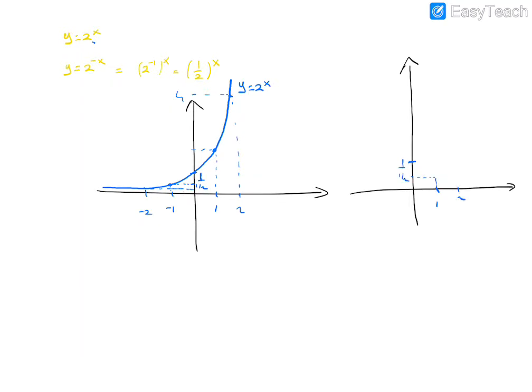For x equals 2, the value is 1 over 4. So for x equals minus 1, 2 to the power minus times minus 1 is 2. So that value is 2. For x equals minus 2, if you want, you can sketch it, the value is 4. So the graph looks like this one.